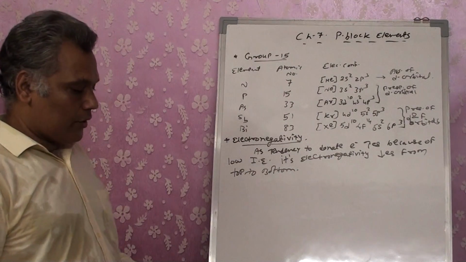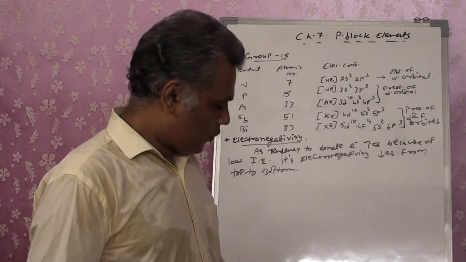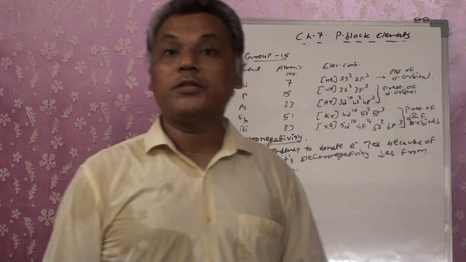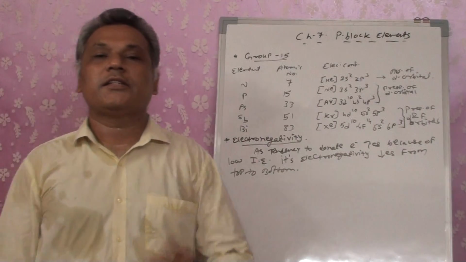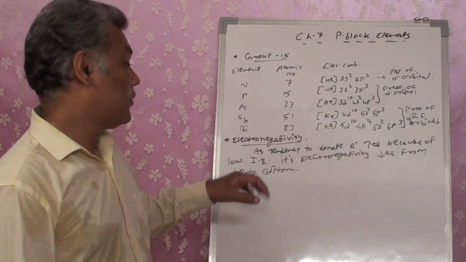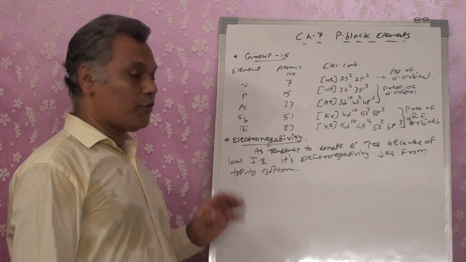Its electronegativity decreases from top to bottom because atomic size increases, ionization energy decreases, so electronegativity also decreases from top to bottom.